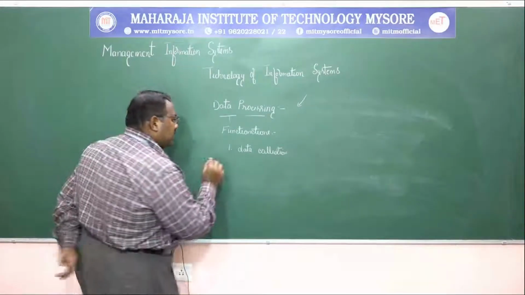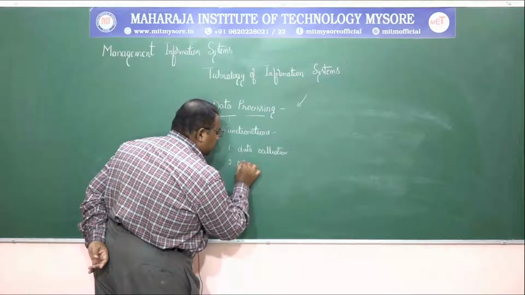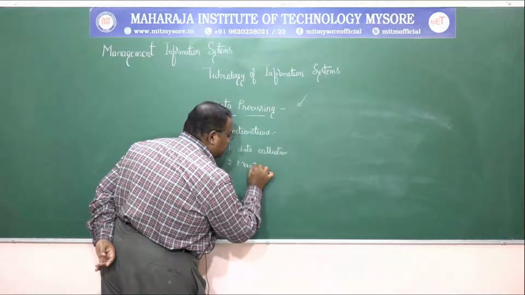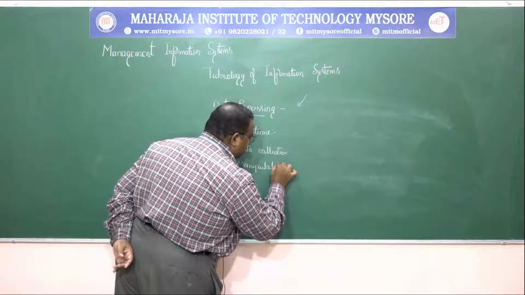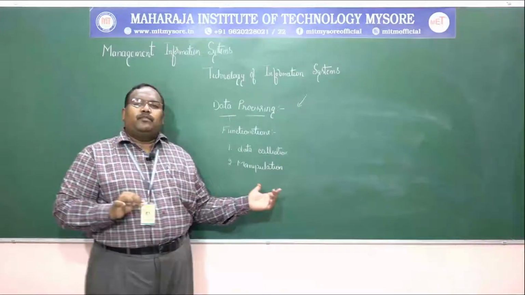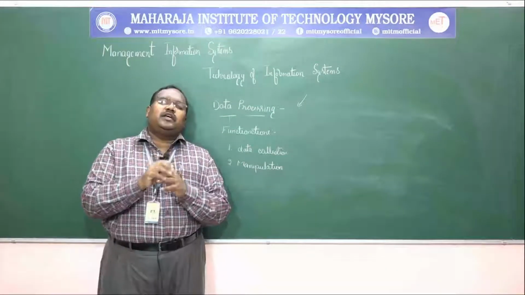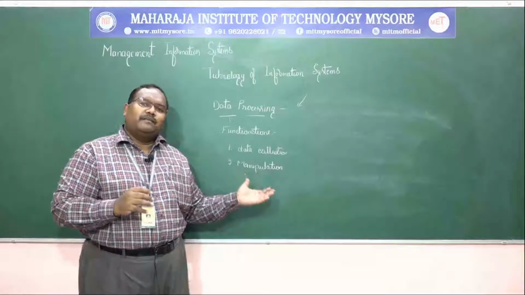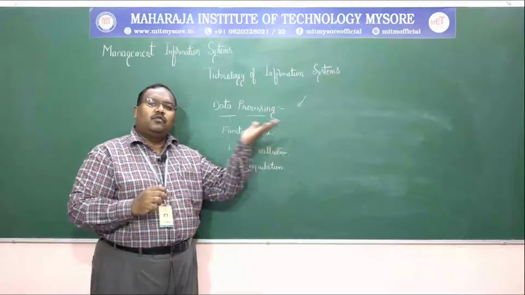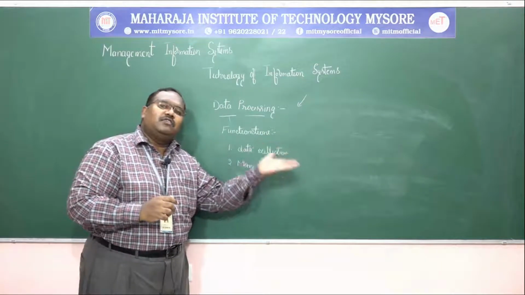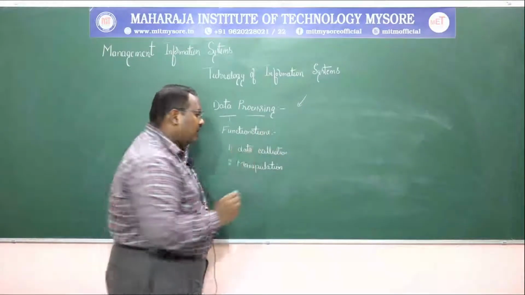The second one is manipulation. What do we mean by manipulation? It is not changing the original data. Manipulation is the processing that happens on the obtained data, that is, the conversion of data into information.